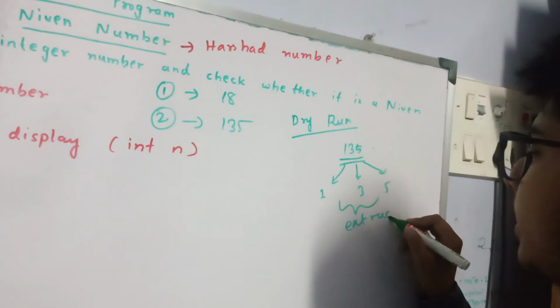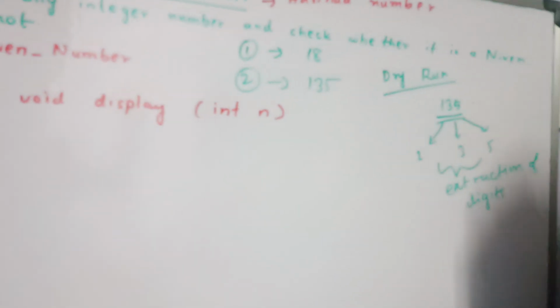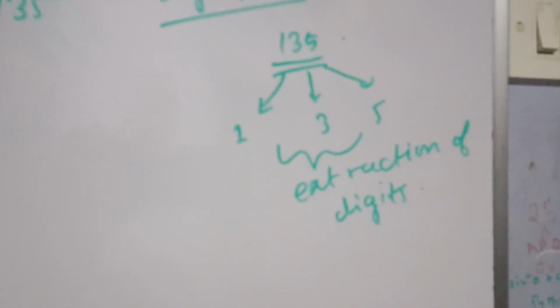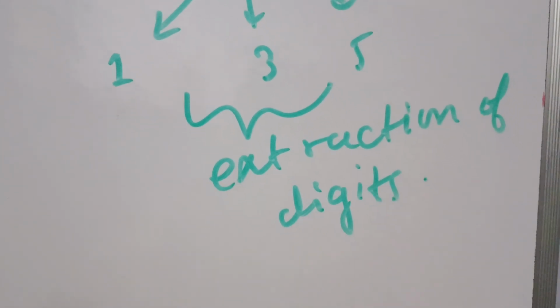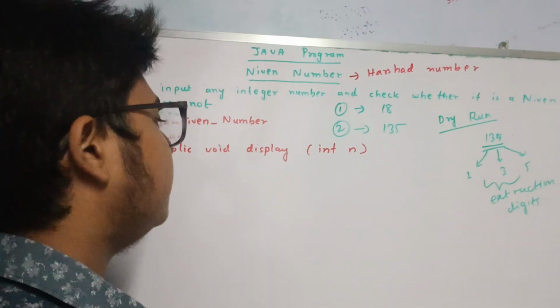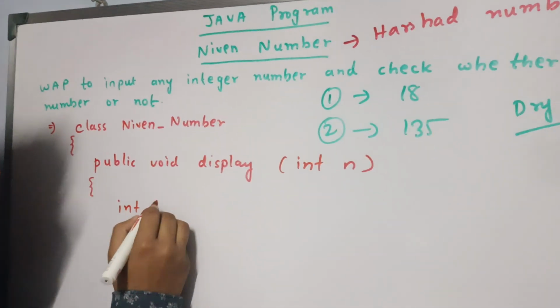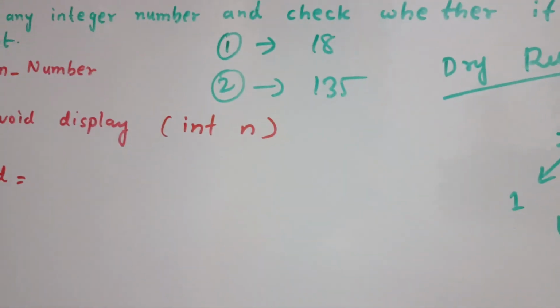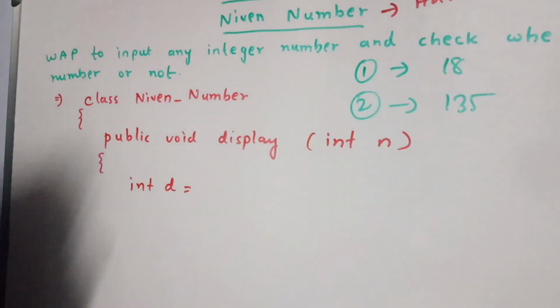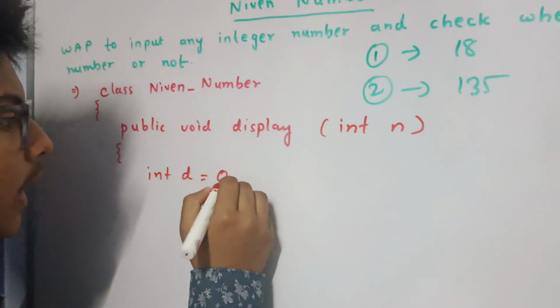In order to extract the digits, we have to perform a loop, and also declare a variable d of int data type, which will help us find each digit individually. I am initializing it with 0.